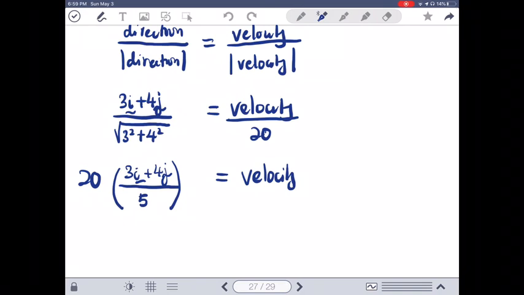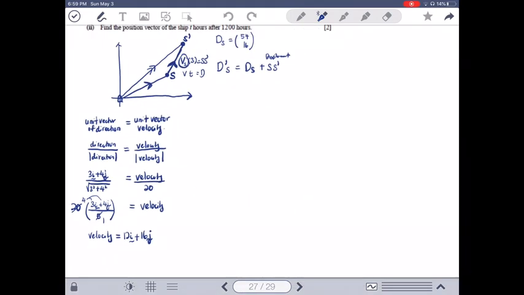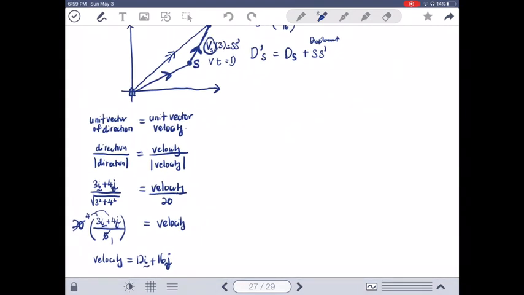Okay, so 5 into 20 is 4, so the velocity vector is 12i plus 16j. So now we have the velocity vector for the ship.